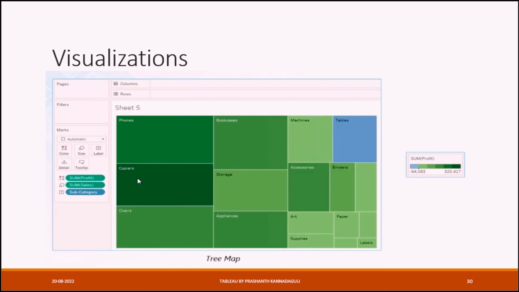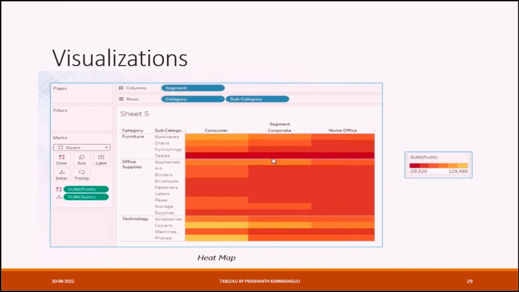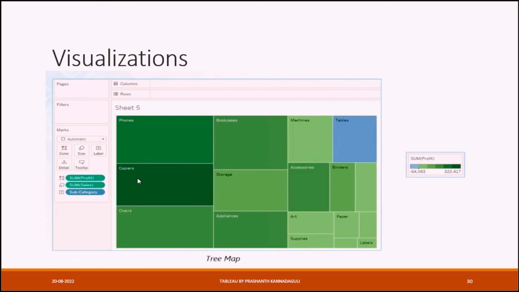This one, right? This is tables. No, no, actually there is no difference. Both are conveying the same message, saying that tables lose. You have lost a lot of money when you sold the tables.